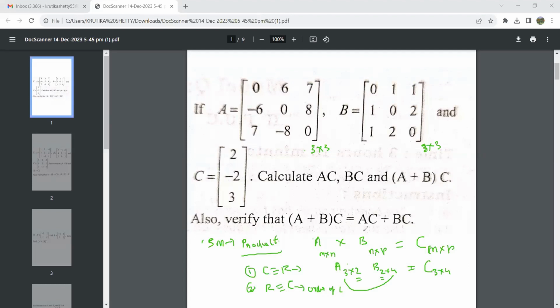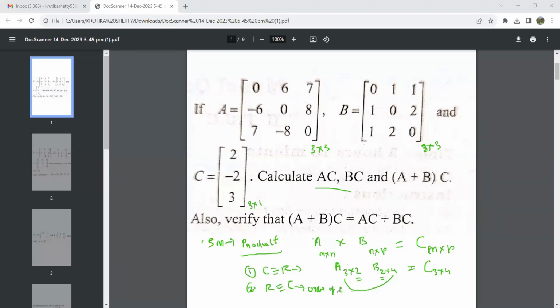Similarly, when we want to multiply, in this example we will write the order of C. It is having 3 rows and 1 column. So when we try to obtain the matrix AC, what will be the order of AC?